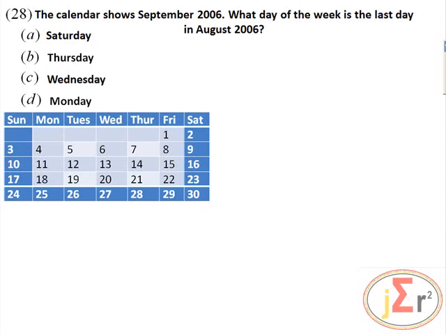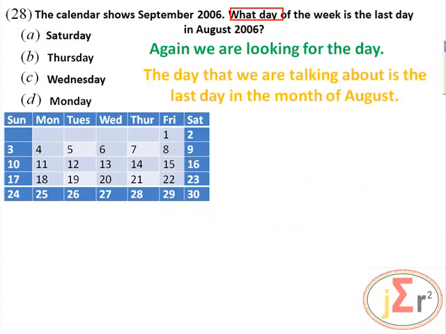So the last day of August has to be the day before the Friday on which September started. So what day? Again, we are looking for the day. The day that we are talking about is the last day in the month of August.